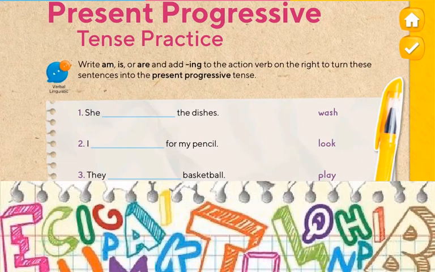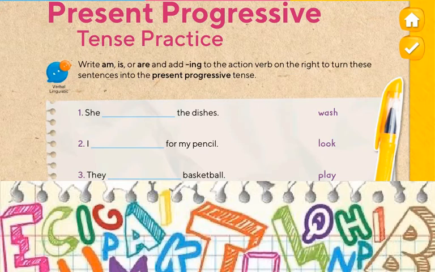Now let's do some practice. This is page 82 and it's the present progressive tense practice. The instruction says write am, is, or are and add ing to the action verb on the right to turn these sentences into the present progressive tense.